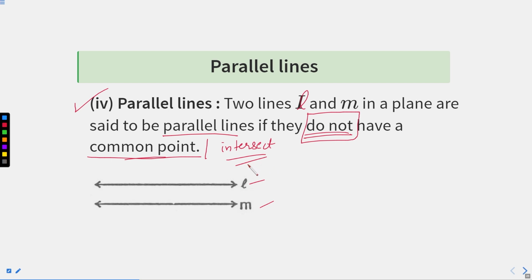Okay, they do not intersect or have a common point. This set of lines we call parallel lines. Okay, I hope these are all clear.